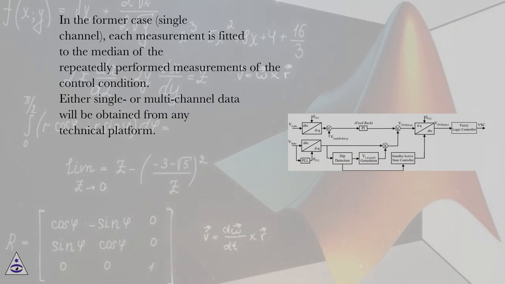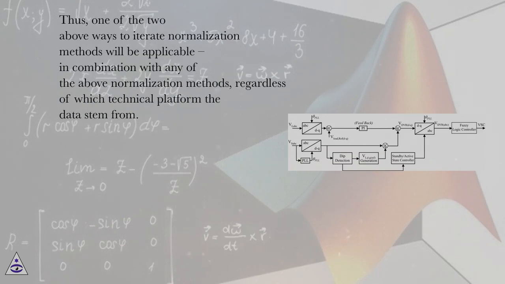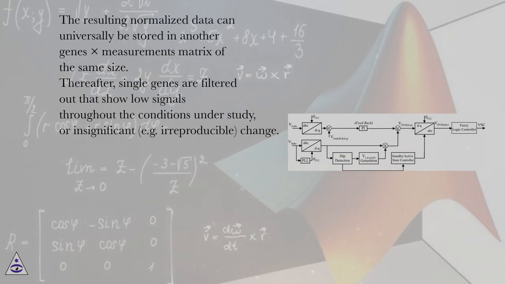Either single or multi-channel data will be obtained from any technical platform. Thus, one of the two above ways to iterate normalization methods will be applicable, in combination with any of the above normalization methods, regardless of which technical platform the data stem from. The resulting normalized data can universally be stored in another genes times measurements matrix of the same size.